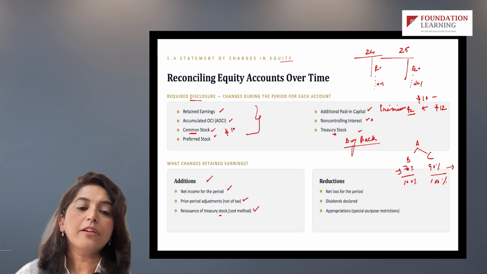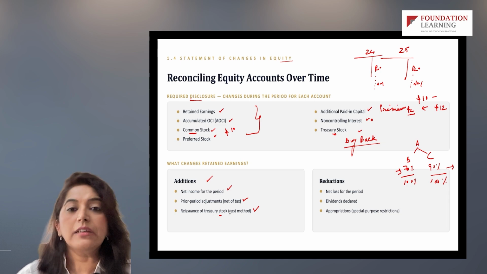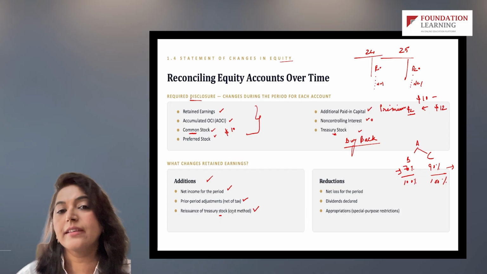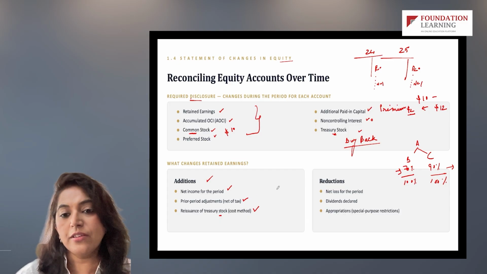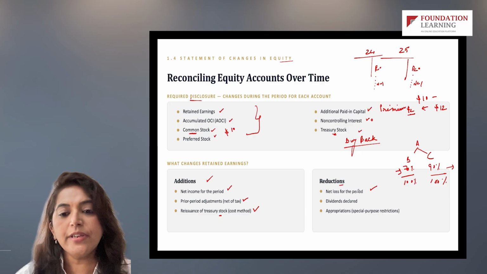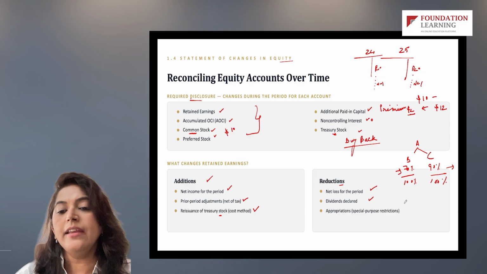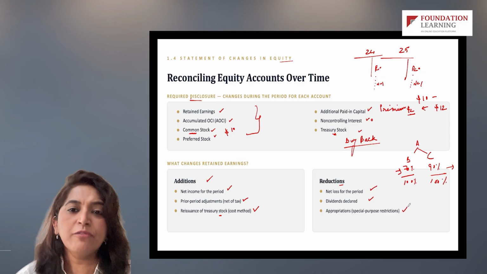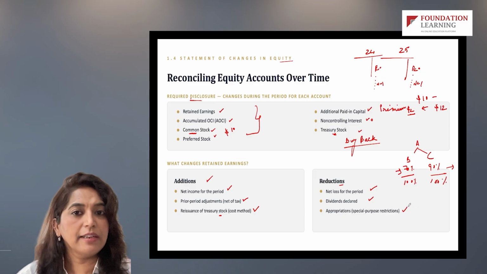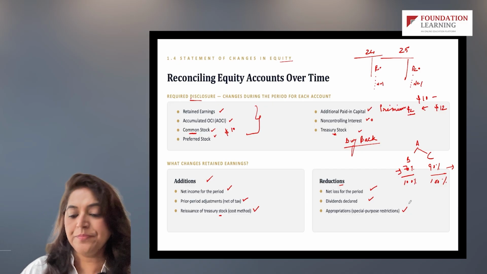The cost method of reissue of treasury stock will impact the overall addition in your statement of changes in equity, and net loss will reduce it. Dividends declared will reduce the retained earnings, and any appropriation, let's say a sinking fund for bonds, that has been created will reduce the overall equity portion.